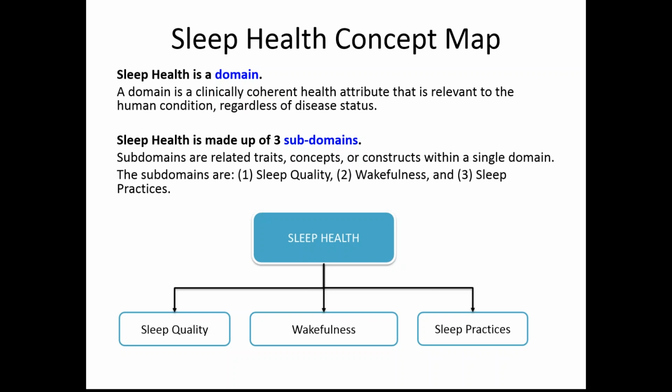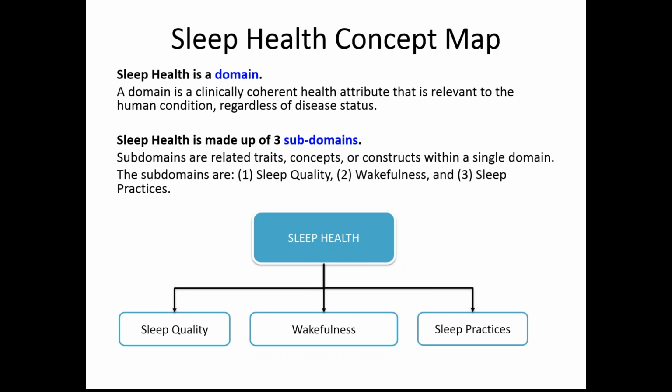So the concept map starts with sleep health, and then from that we think there are three subdomains or three measurable components of sleep health: sleep quality, wakefulness, and sleep practice. So ultimately we want to be able to assign a number to how good your sleep quality is, with a number of 50 being average, and then higher means better sleep quality, lower means poor sleep quality.